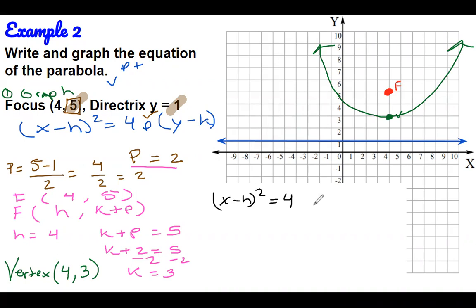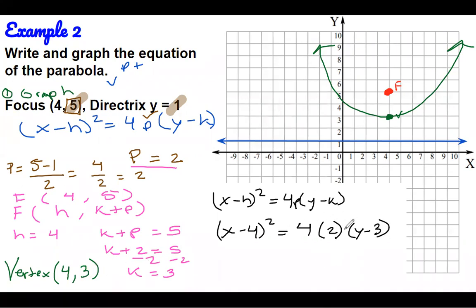What do I write on my left side? (x minus 4) squared equals 4 times 2, (y minus, what's my k?) 3. Woo-hoo. And let's simplify just this little coefficient right here. So we have (x minus 4) squared equals 8(y minus 3). And there you go.